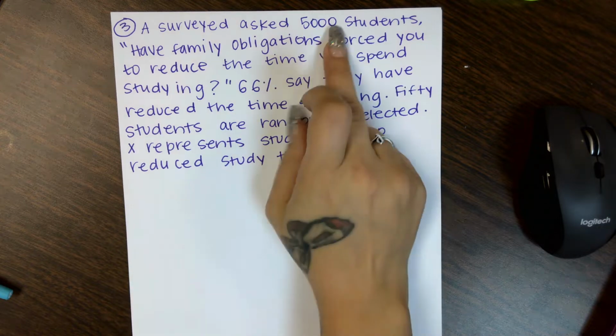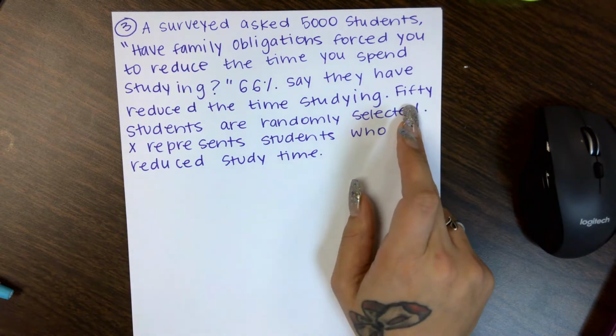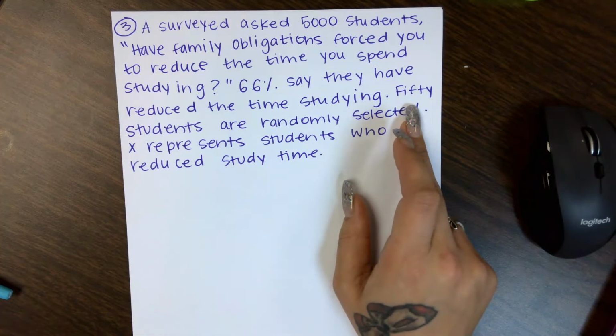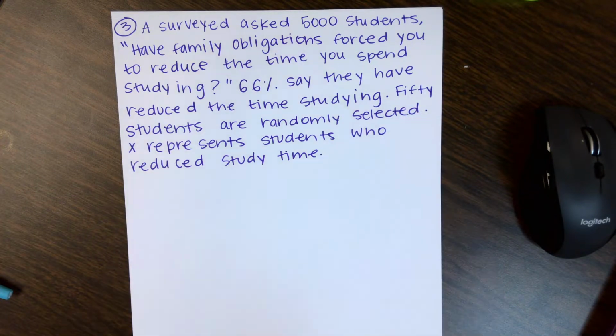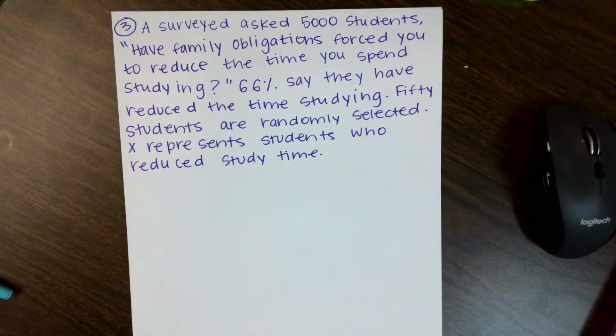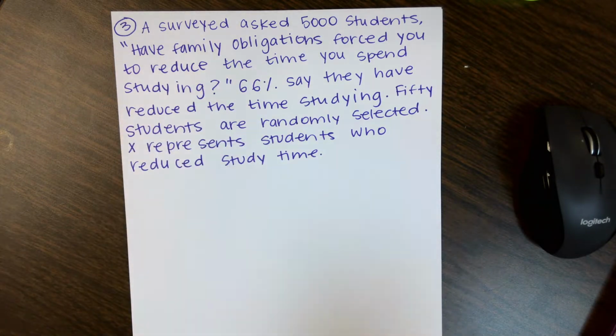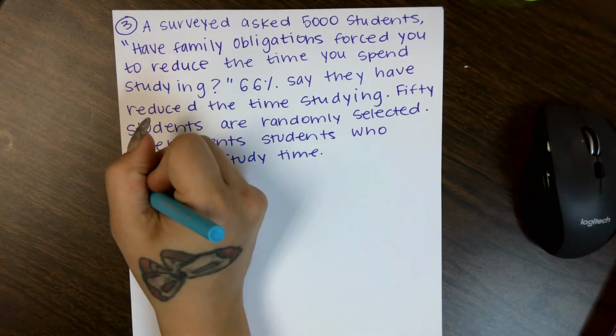So don't let that first number throw you off. However many people get randomly selected, that's going to be your N, because that's the number of trials that we're doing this experiment on. It came from that bigger group of surveys, but 50 is what we're working with. And they are independent of each other. Just make sure you understand that too, because if not, the answer is just no and you move on.